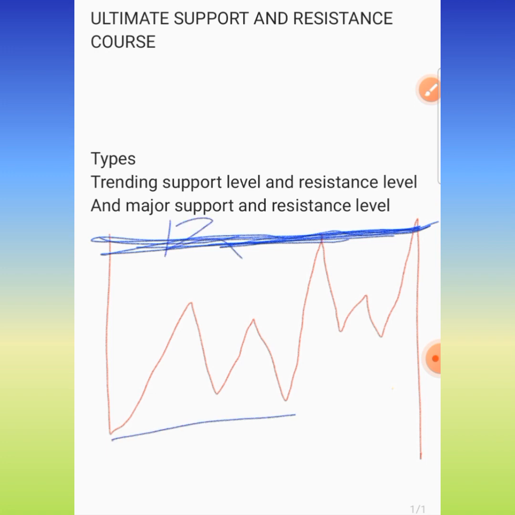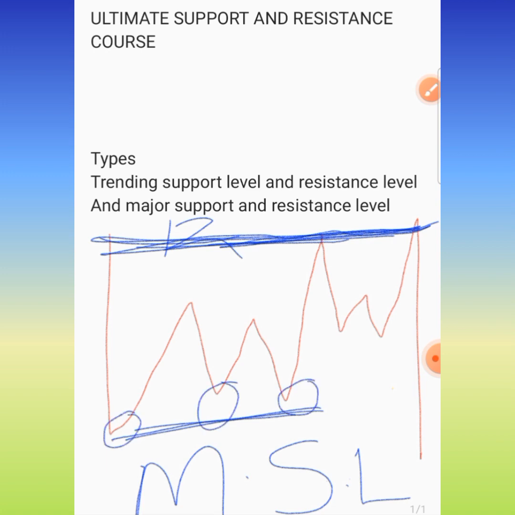And when you look at this level, this is a major support level. Do you see that? This is a major support level because markets have tested it and bounced back, tested it and bounced back, and then again. So these are the major support levels, and these are the major resistance.